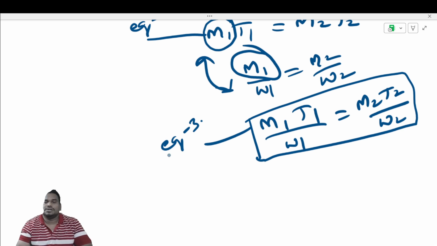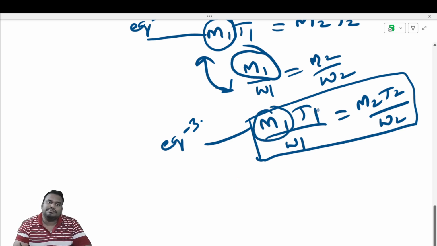Now the number of men or women; in place of men you can take women also. It's not a problem. So now we got the three parameters.